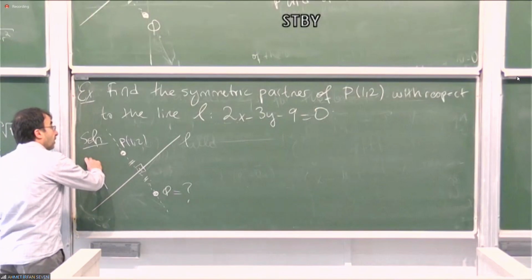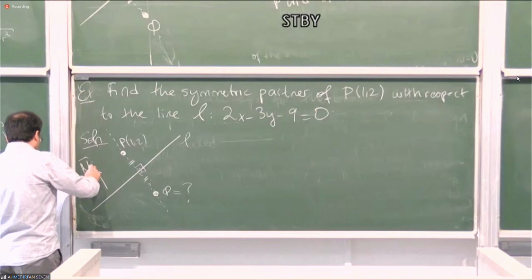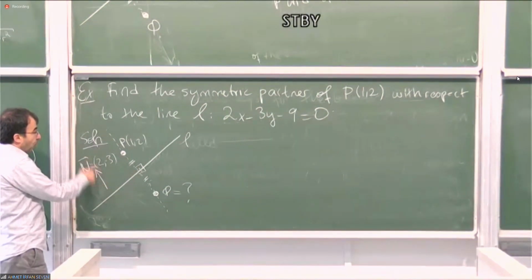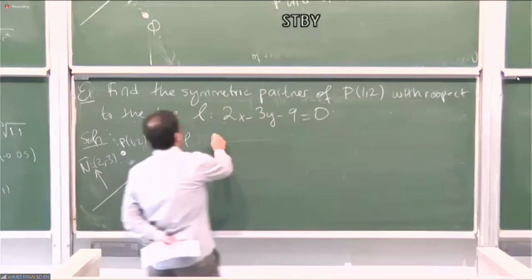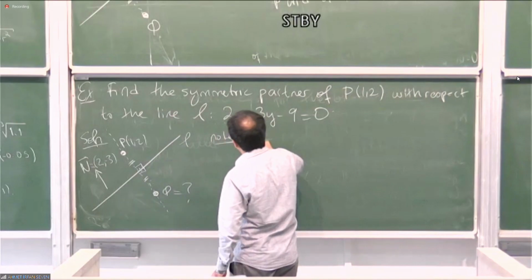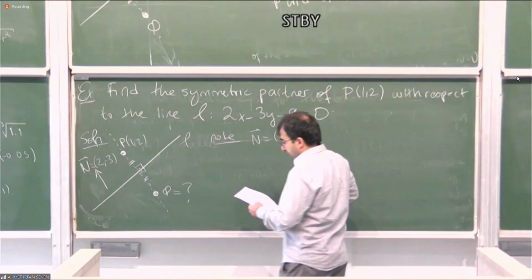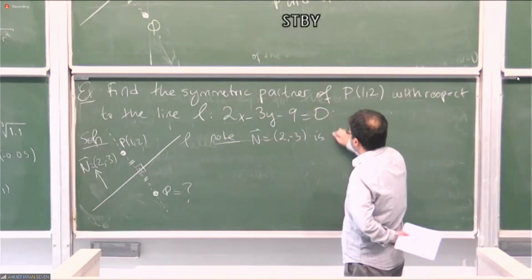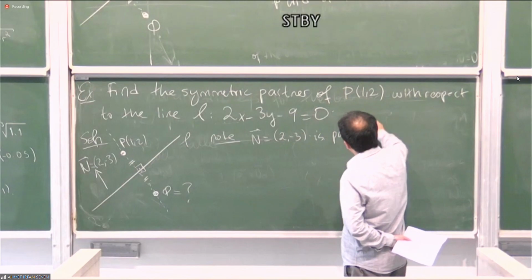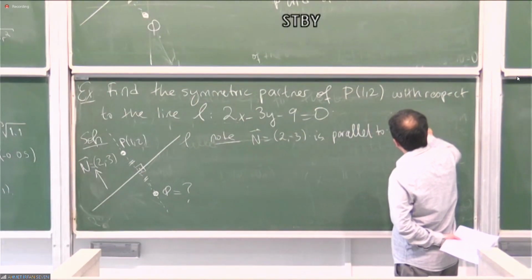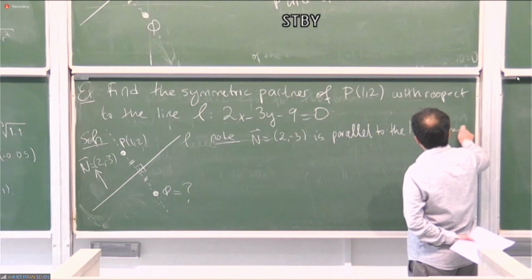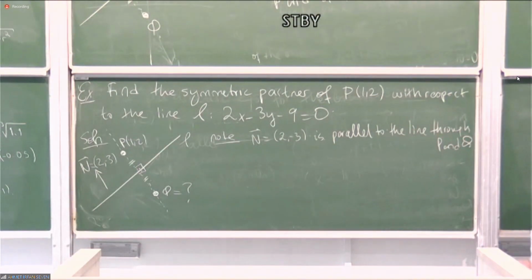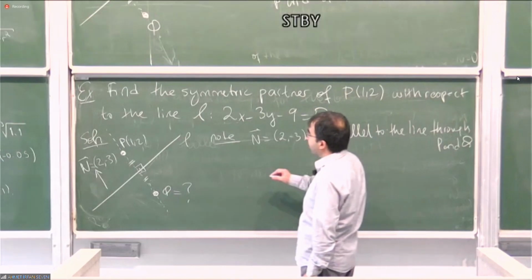I know that this n, let me say (2, -3), is a normal vector for this L. Note that this normal vector is parallel to the line through P and Q. So this will be a direction vector for this line.